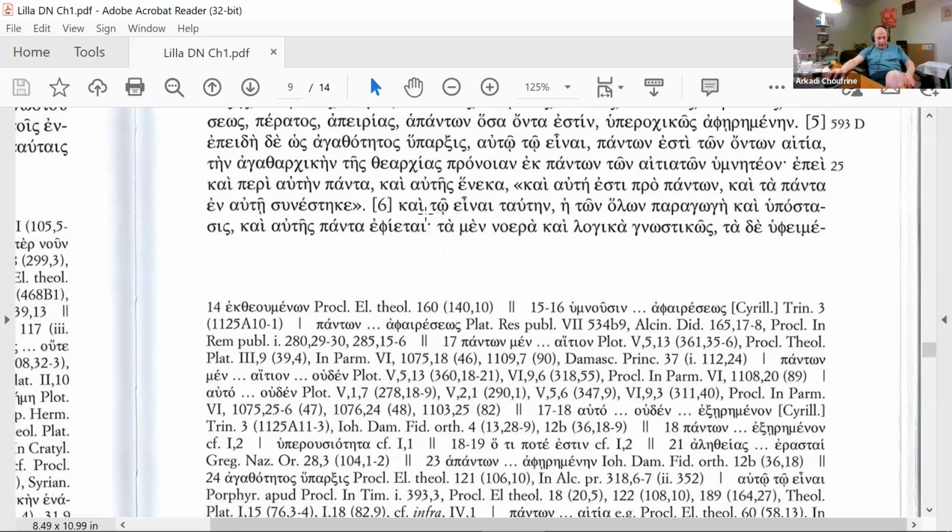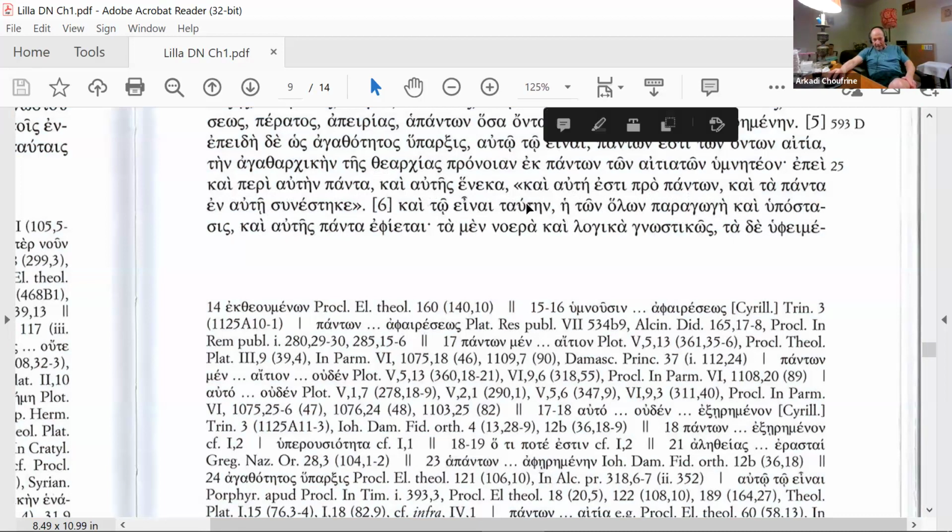By way of it, namely providence, being there, and then there would be an implied estin, there is production of. However, I don't want to take away from Cole translating this part. Well, okay, that's one way to take it. But what makes me a little bit not happy with this is why it's tautēn rather than autēn, because here it's autēs.